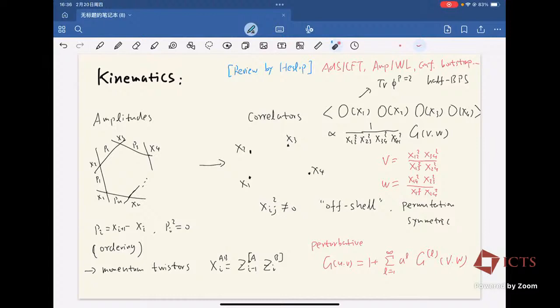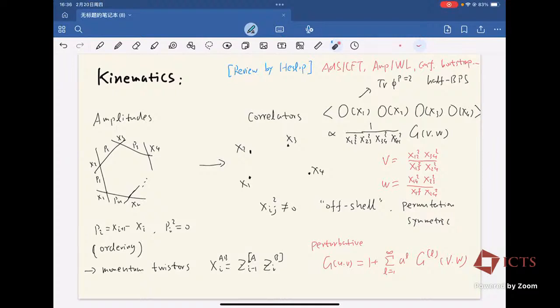The on-shell condition means that this is a light-like polygon, and momentum conservation means that it's closed. From these dual points, you can also define the so-called momentum twistors. Every dual point corresponds in twistor space to a line, or a pair of twistors.